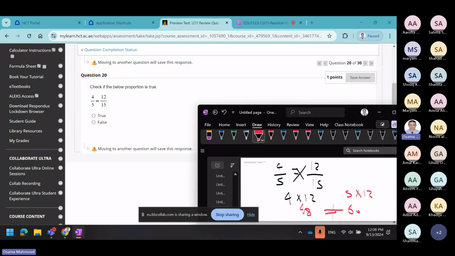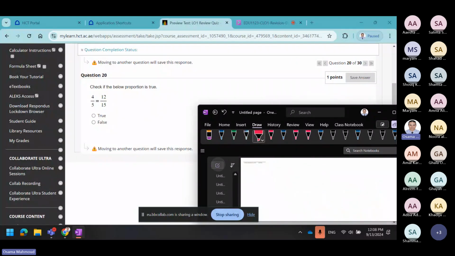Are you okay? No, I made a mistake here. I multiplied 4 by 12, but it's supposed to be 4 times 15. Yes, I did it on purpose, to be honest. 4 times 15 is 60, and 5 times 12 is also 60, right?